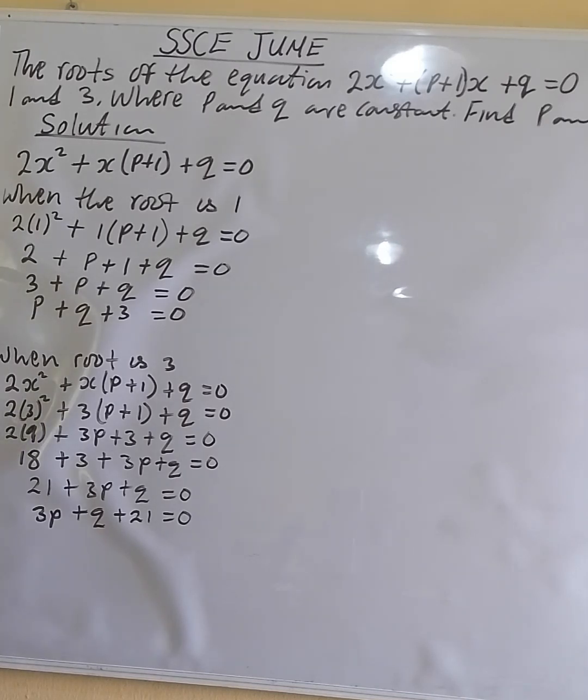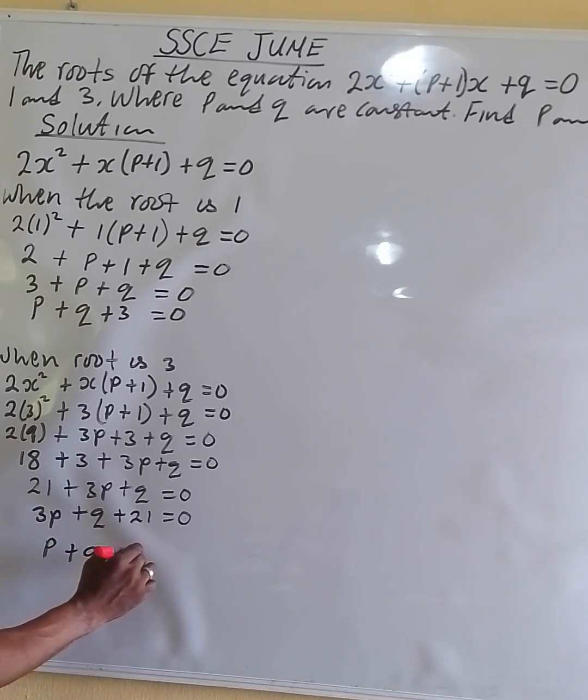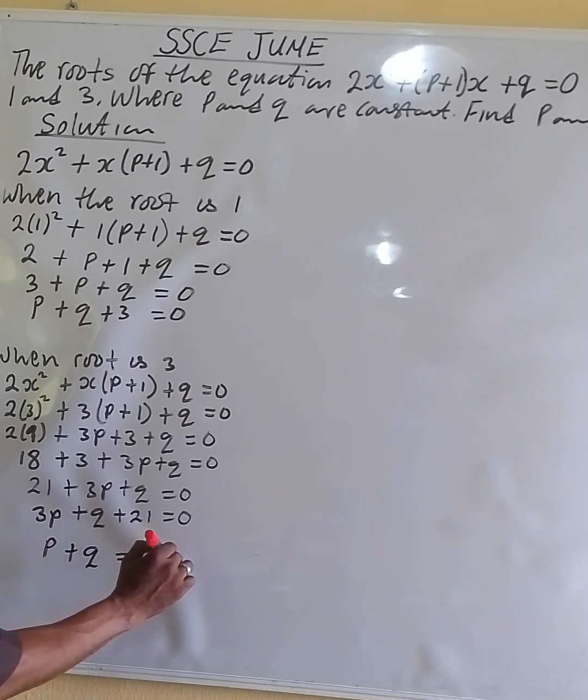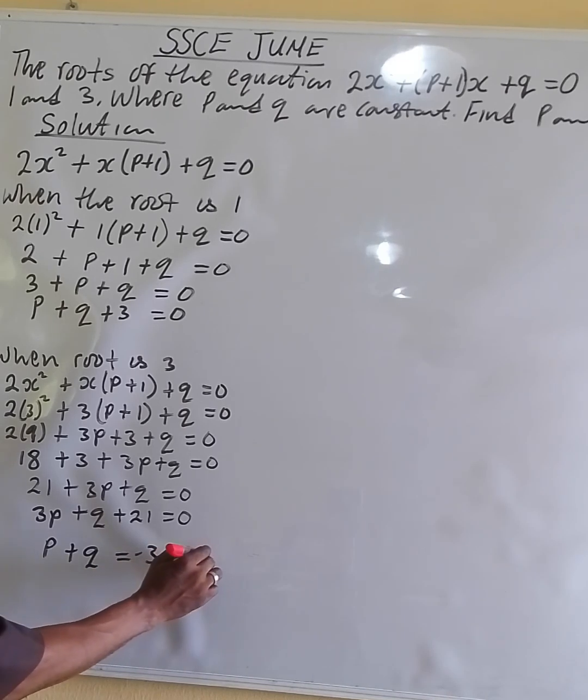So having done that, we will now combine the two together. Combining the two is going to give us simultaneous equations. Equation 1 will be p plus q equals minus 3. That's equation 1.